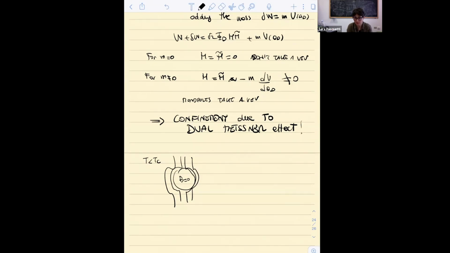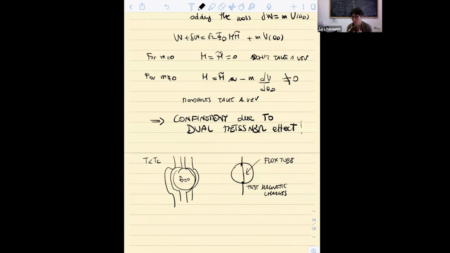If you try to put two magnetic charges in this superconductor, then the lines of magnetic field are squeezed into a flux tube. And the force between these two test magnetic charges, which are basically the tips of a solenoid, increases linearly. So that's the Meissner effect.